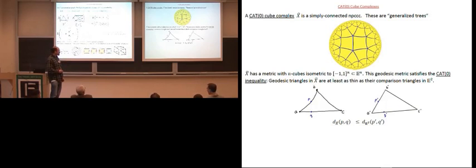This comparison triangle condition is from Riemannian geometry, and it's a global condition, but also a local condition. A non-positively curved cube complex has a metric which locally satisfies this property, and I hope that answers your question.